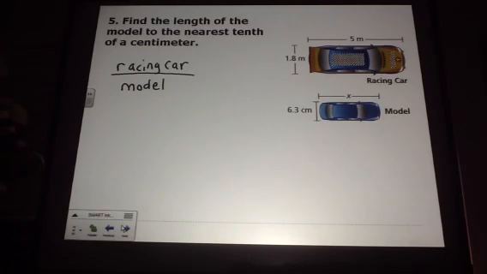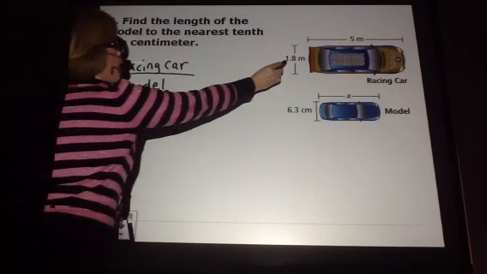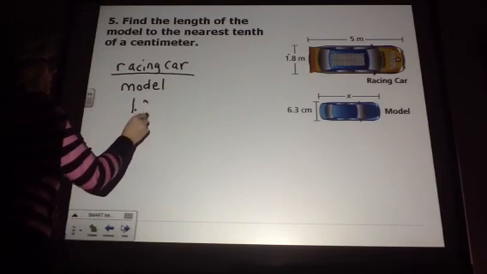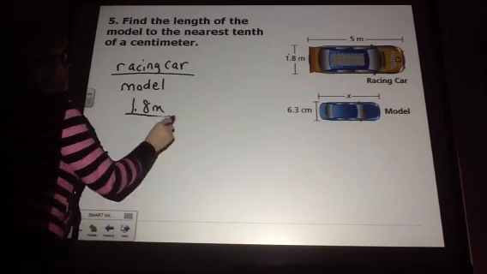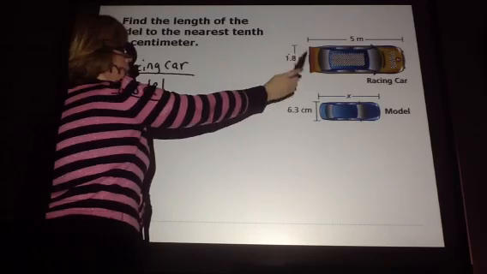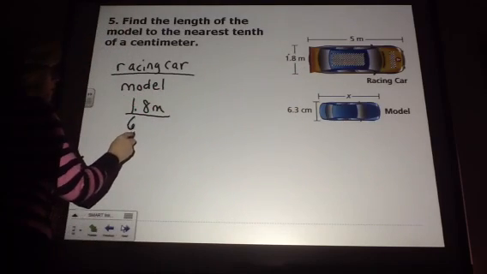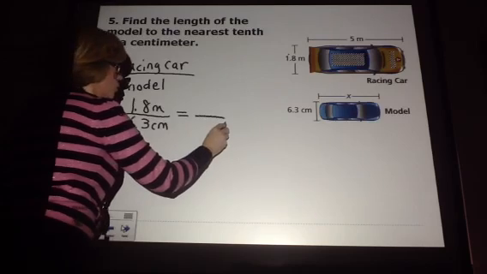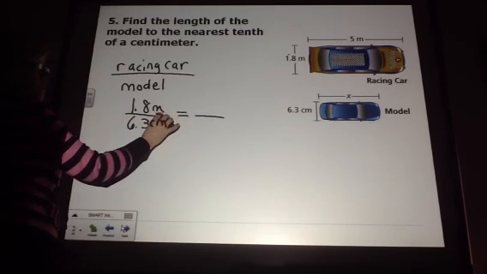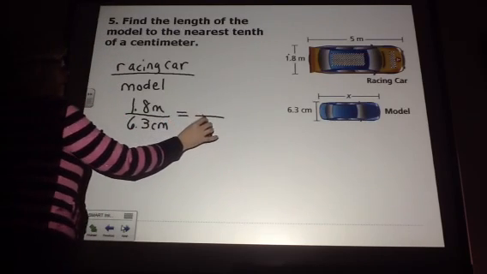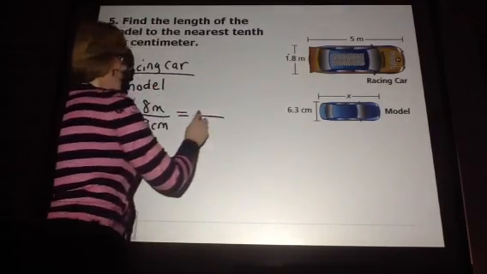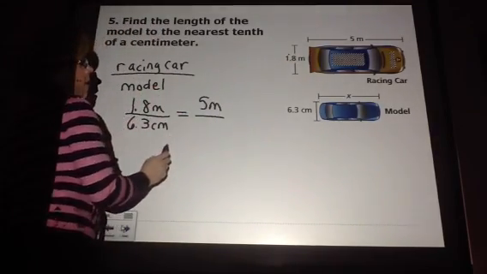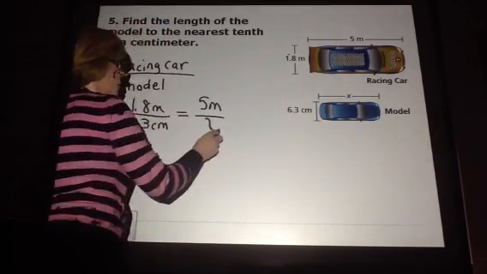All right, so we've got the width, 1.8, that is the racing car, and then the model, 6.3. And we can set that equal to, on top, you got to have the same as what you have on top over here. So that is the racing car, that is the length, which is 5 meters, over the length of the model, which we don't know.